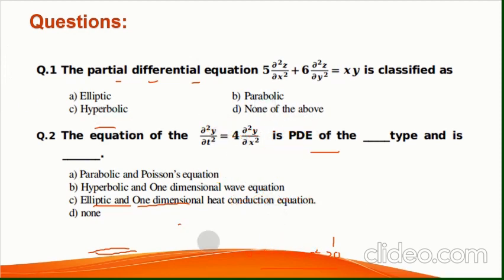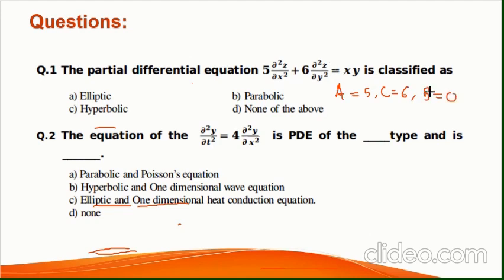In the first example, we have 5 ∂²z/∂x² + 6 ∂²z/∂y² = xy. Here the value of A is 5, the value of C is 6 and the value of B is 0.